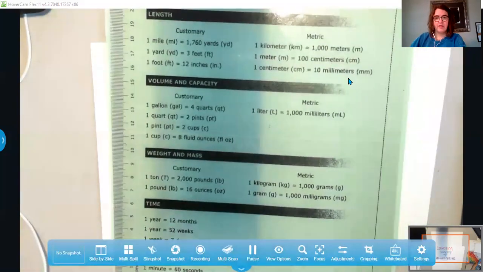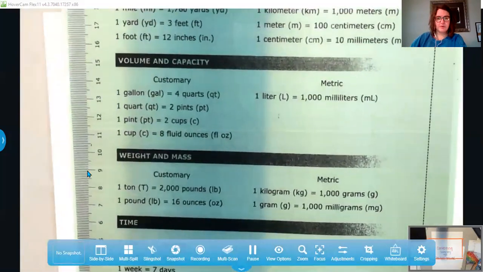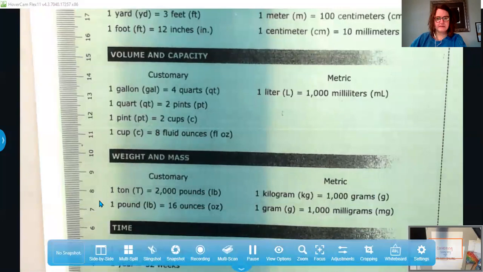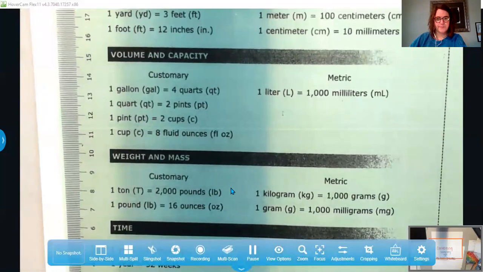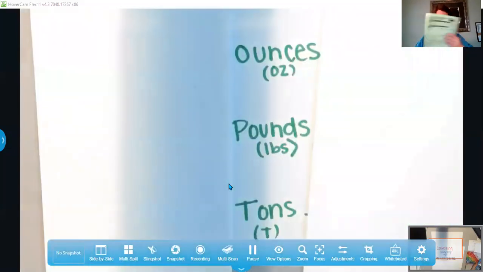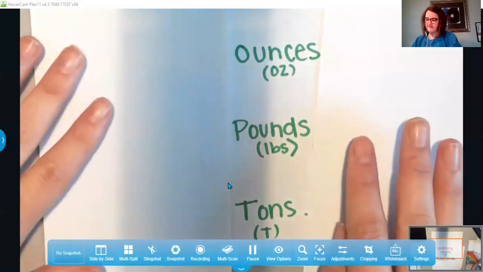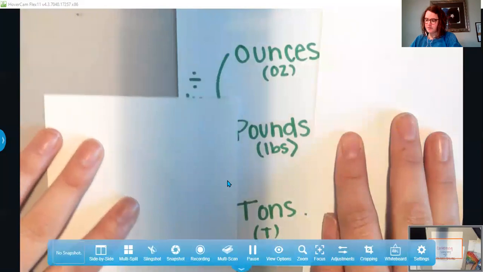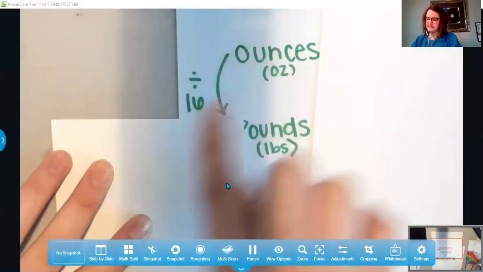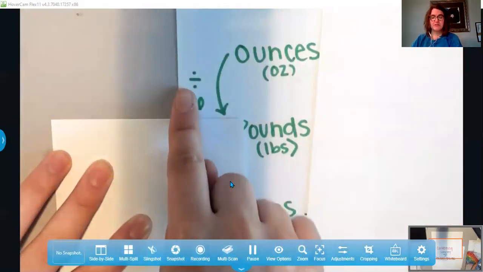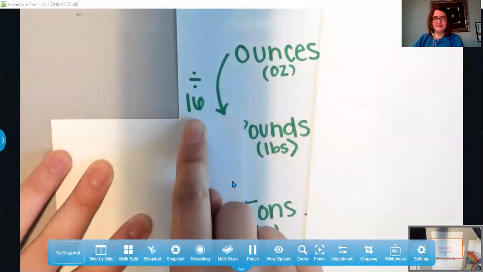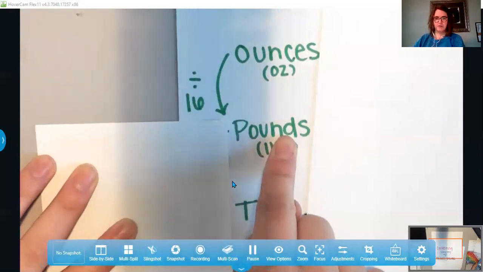I'm going to be putting this up there, but in a way that will make it easy for you. On the left side of your paper, draw an arrow from ounces to pounds because we divide by 16 to get to pounds.